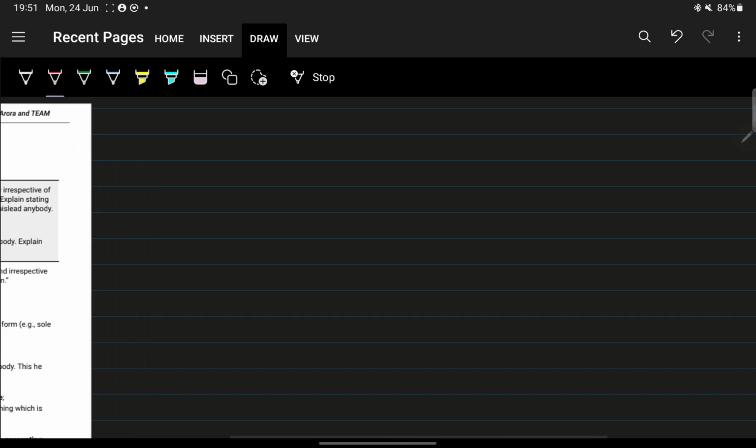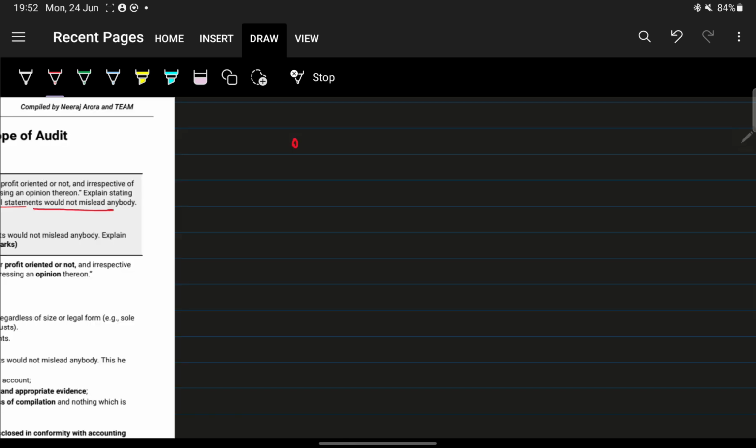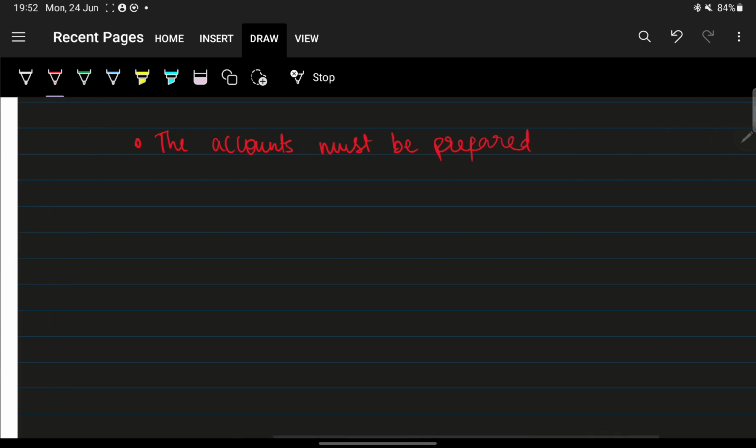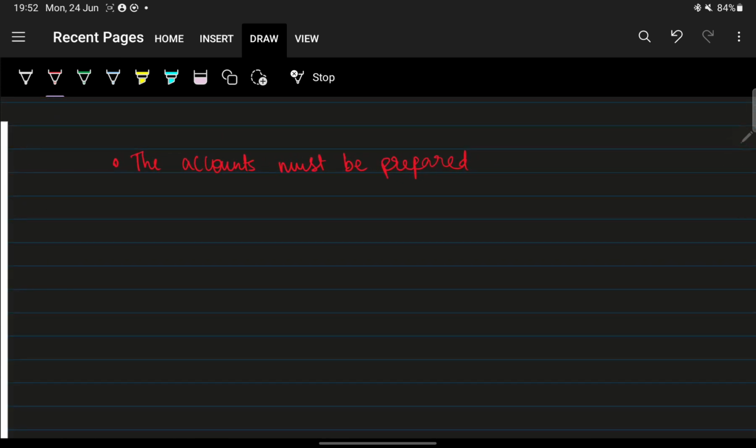Okay, so I'm just going to be writing it, and for some of them I'll write it and then move on to the next question, or I'll just highlight over that, if I feel that it's a repeated question. The first measure is that the accounts must be prepared in accordance with the entries.